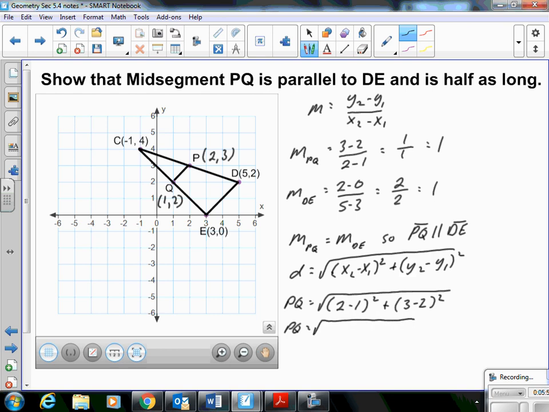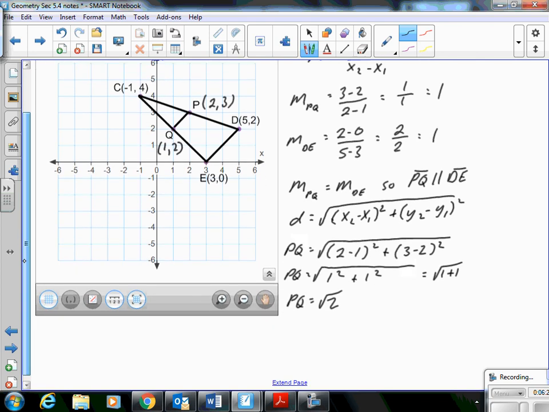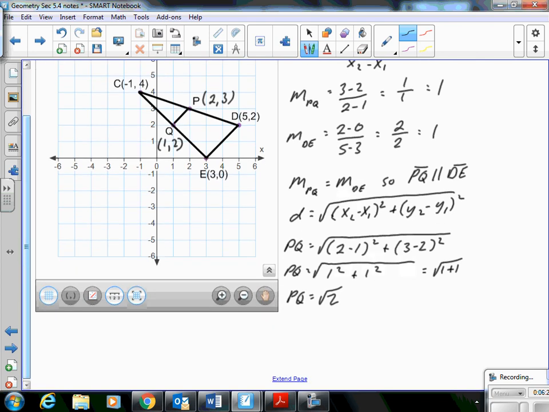So 2 minus 1 is going to be 1 squared plus 3 minus 2, which is 1 squared. And 1 squared is simply 1. So it's going to be the same thing as the square root of 1 plus 1. So the length of PQ is going to be the square root of 2. It doesn't have a perfect square root, so I'm just going to leave it there.